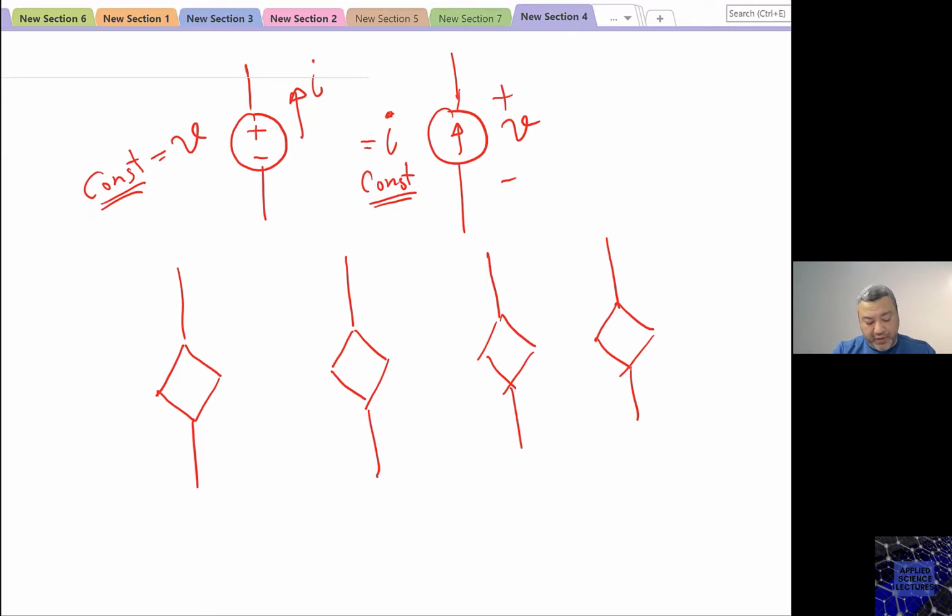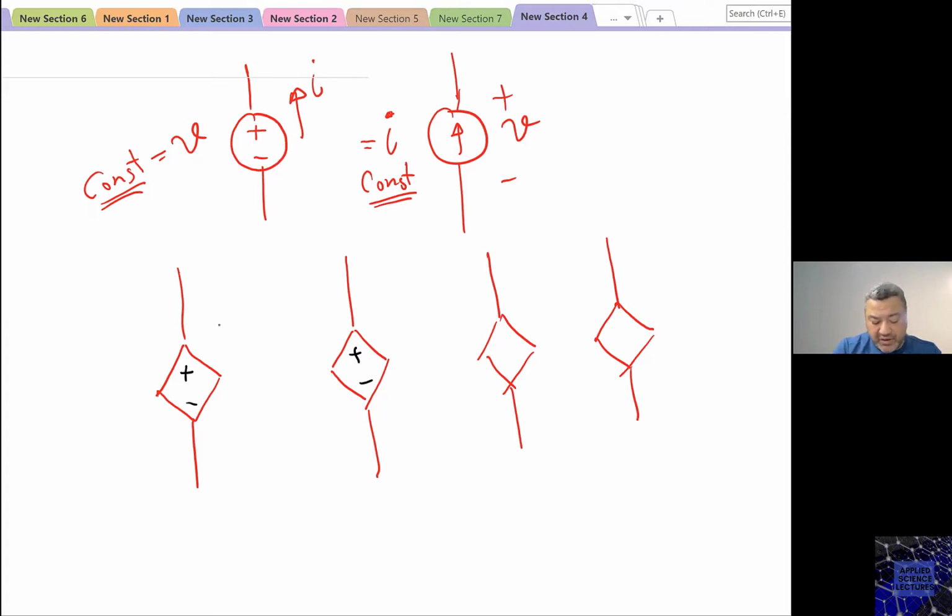I have 4 of them. Plus minus, which means that this is voltage. What the source is generating is voltage. Plus minus. So I have 2 of them that generates voltage. So what's the difference?